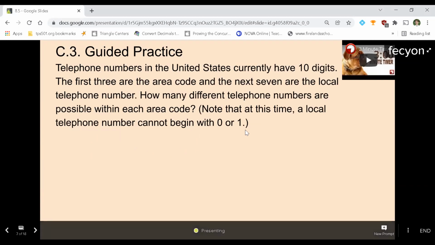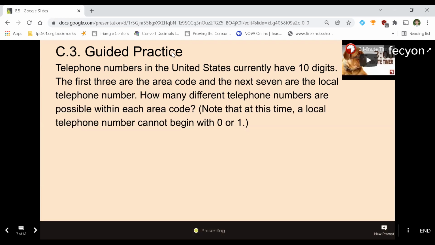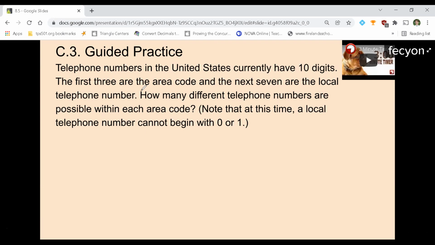Now tell me, how many different phone numbers exist in the United States? There are a few restrictions. I take it back. Tell me how many phone numbers exist for each area code in the United States. So a phone number is the first 3 digits, your area code, like 785, and then followed by 7 digits.